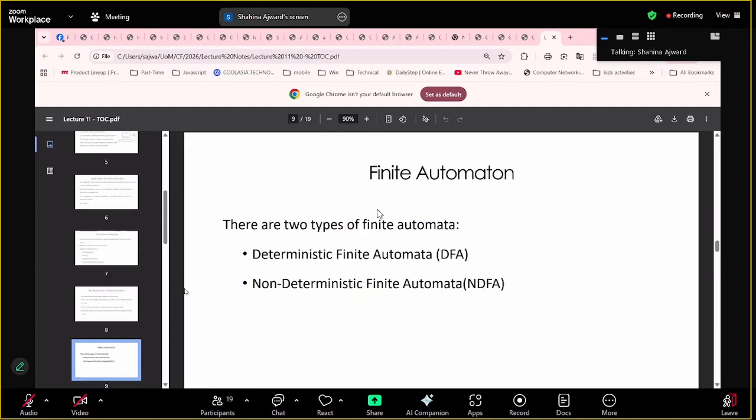Then we discussed two types of finite automata: deterministic finite automata and non-deterministic finite automata. Last session, we learned how to construct a DFA.